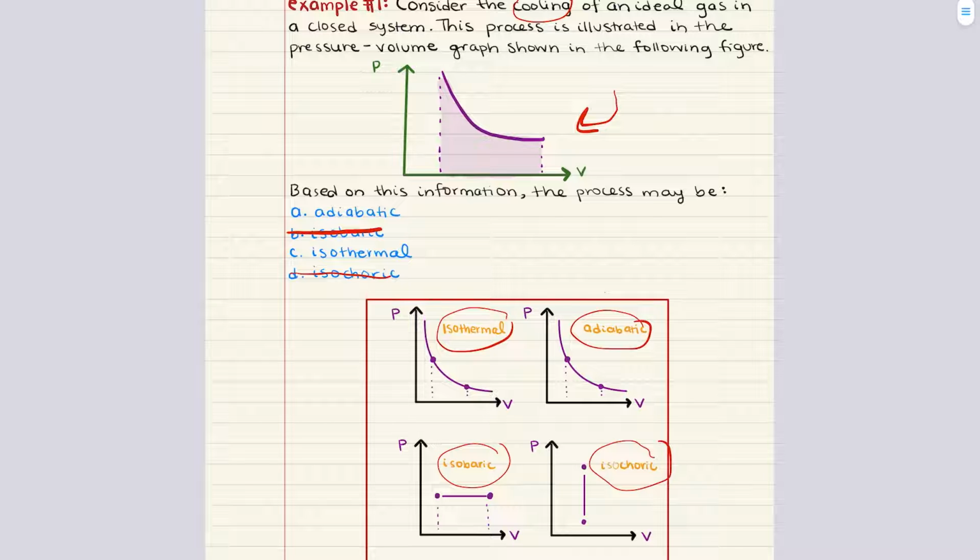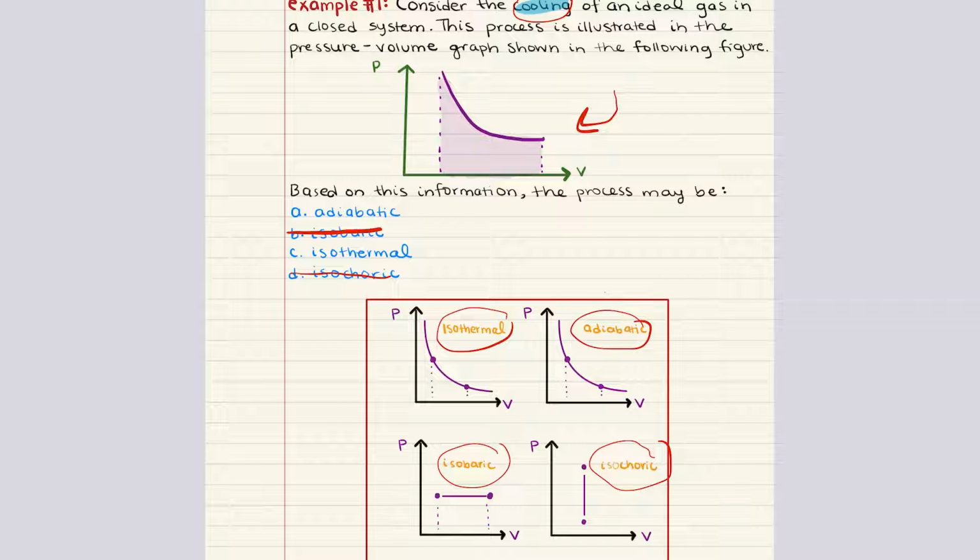How do we determine if this process is adiabatic or isothermal? Our hint actually lies in the first sentence of this problem. The first sentence of this problem says, consider the cooling of an ideal gas in a closed system. Cooling implies that the temperature is changing.